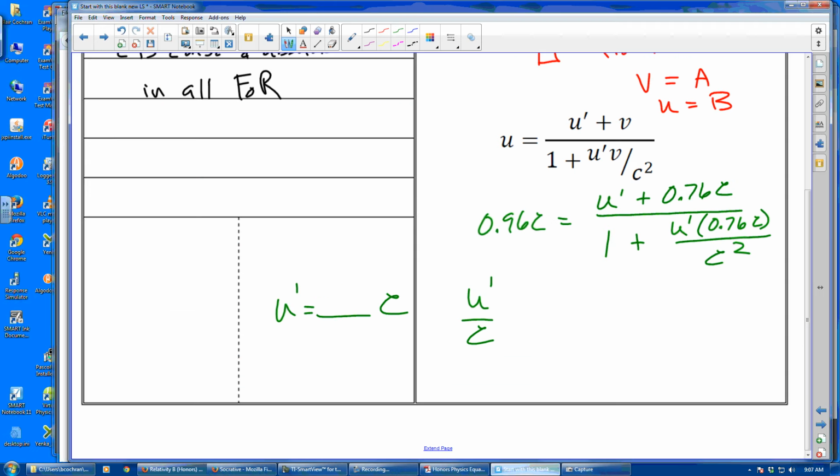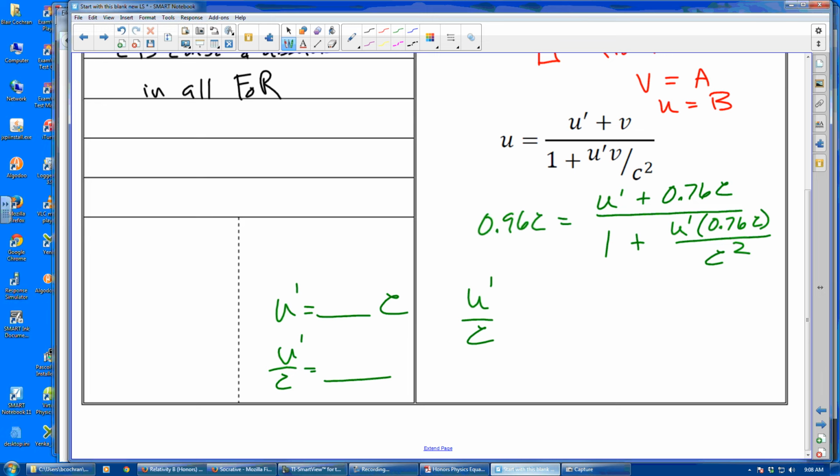So if you solve for U over C, that will give you whatever this blank is. Because if you divide both sides by C, you get U prime over C equals that value, which is going to be less than 1, because that's the percentage of C that U prime is moving. All right? So I would divide both sides by C would be the technique I would use.